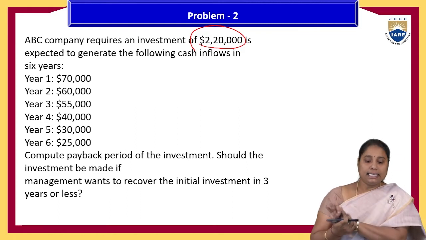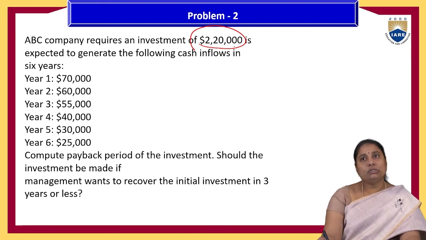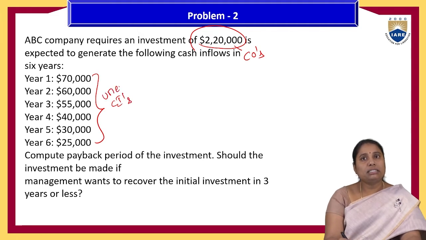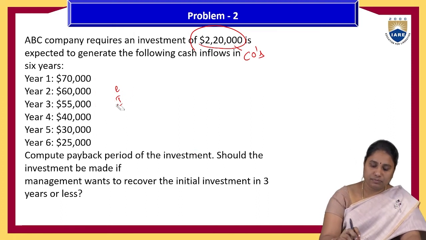This 2,20,000 is the cash outflow, and these are called the cash inflows. What kind of cash inflows? Uneven cash inflows. They are not even for all the years.